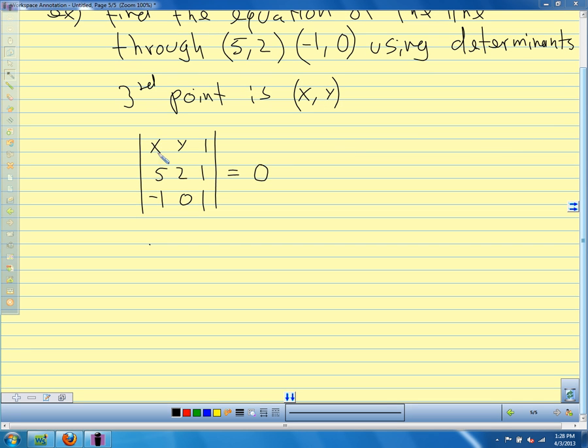So I'm going to take my first entry here, x times the determinant I get when I cross out the first row and first column, minus, my second one is always minus, y times the determinant I get when I cross out the first row middle column. Plus the last number, 1, times the determinant I get when I cross out the first row last column.